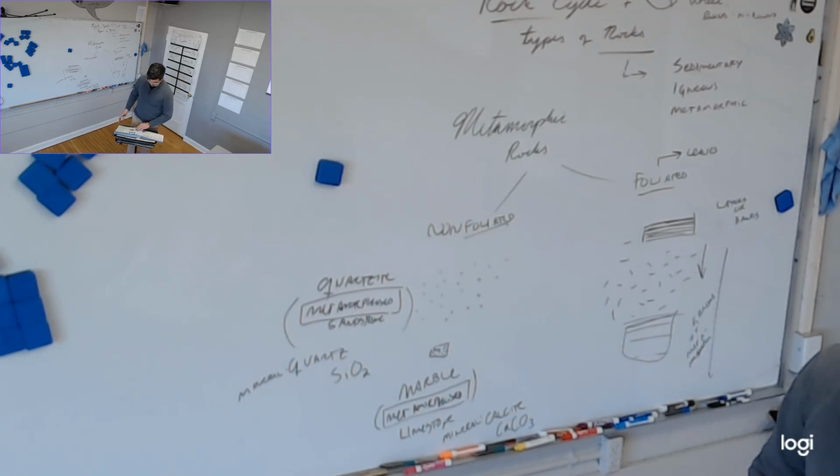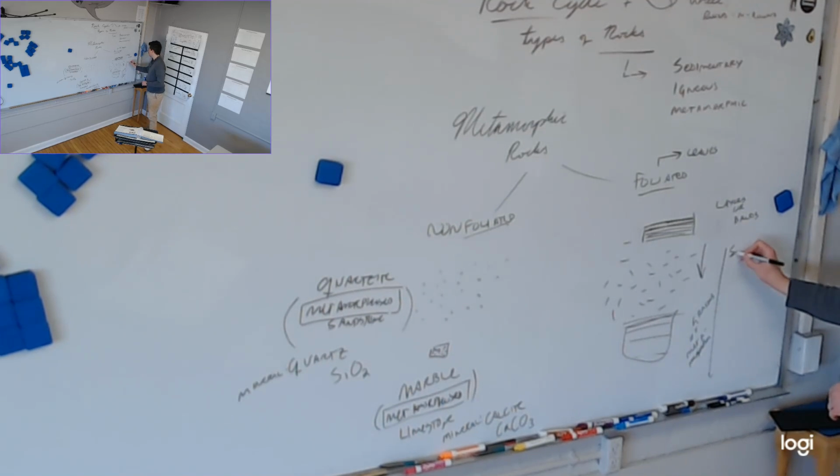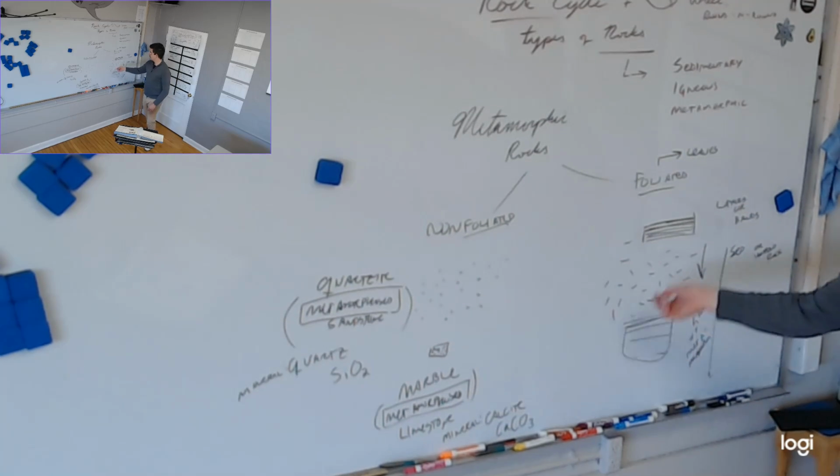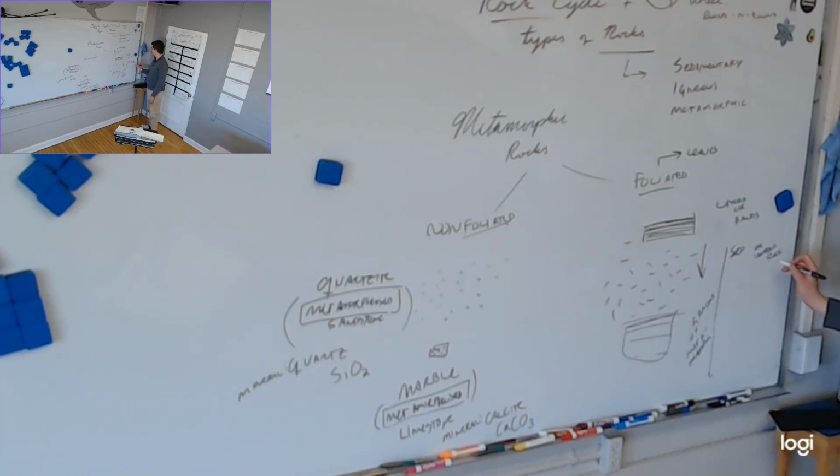But we start out with some kind of sedimentary or igneous rock. I suppose it could be metamorphic rock too, but we usually talk about it with these two to start with, sedimentary or igneous rock with platy minerals, and the platy there just means flat.